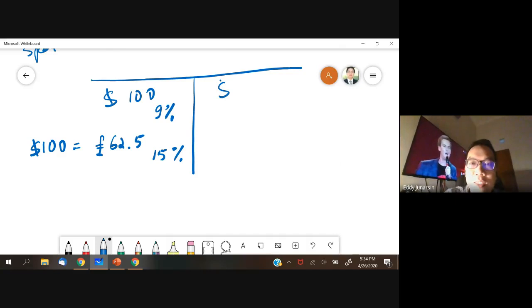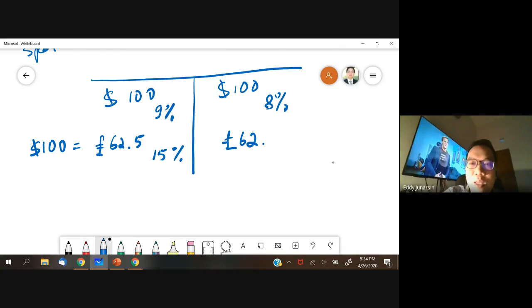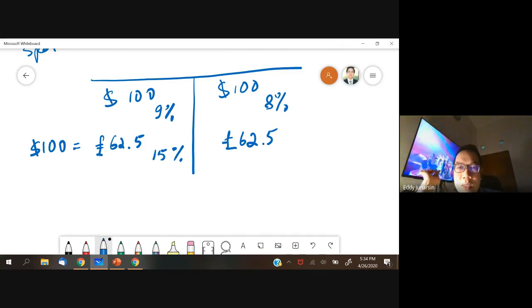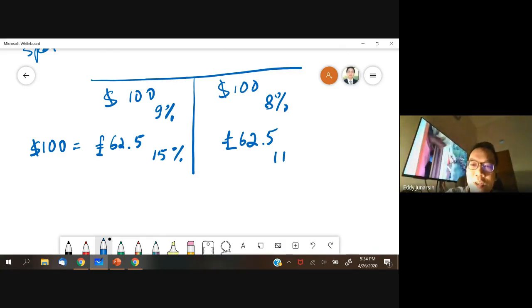Maybe you can find 100 million liabilities with the cost of debt of 8%. And you try as much as possible to find 62.5 million pounds borrowing, right? With, for example, 11% cost of debt.